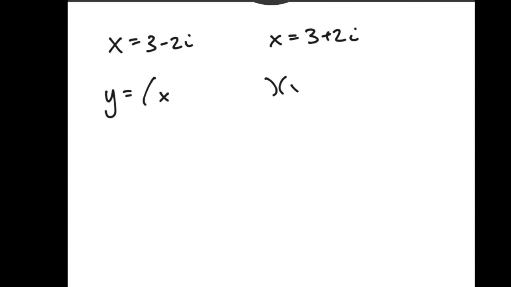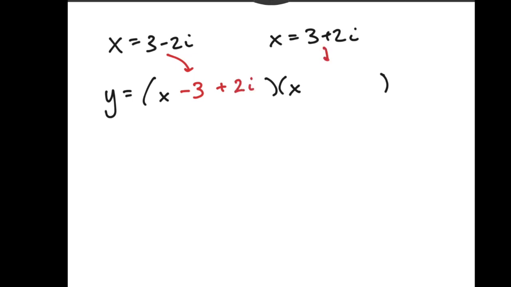So again, we have x equals 3 minus 2i, x equals 3 plus 2i. Remember, we're not going to be looking for a, so we're just going to plug these x-intercepts into our equation. And remember, when we do that, we switch the sign, so that becomes -3 and positive 2i.